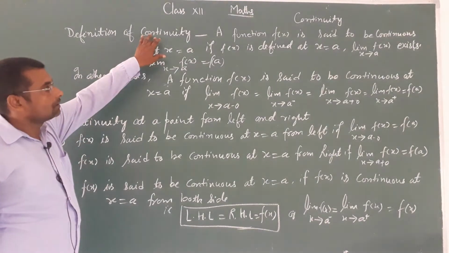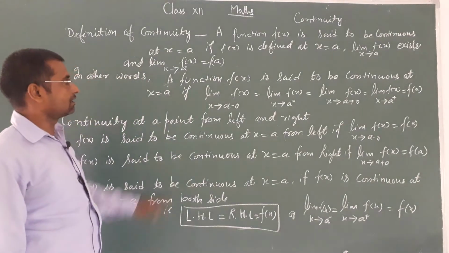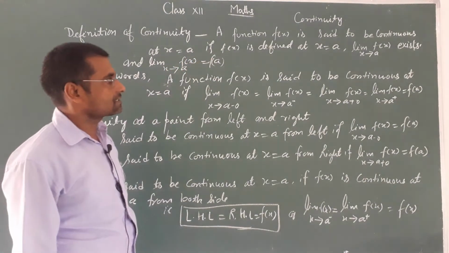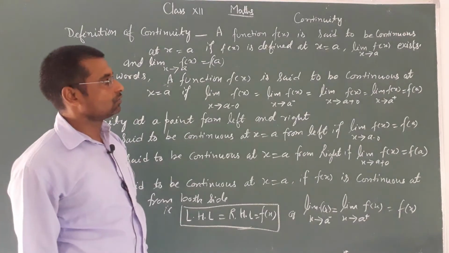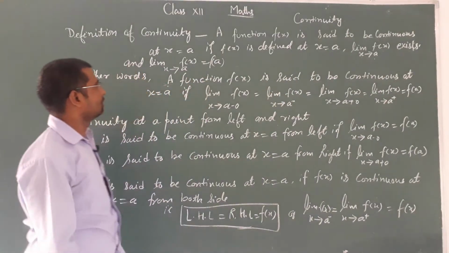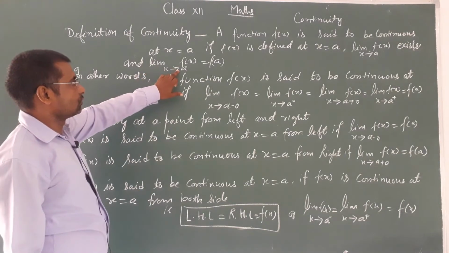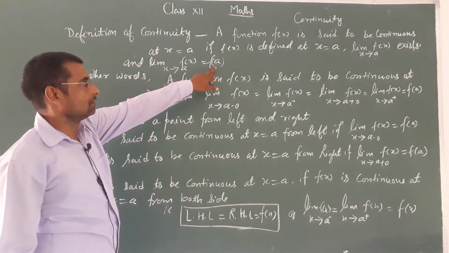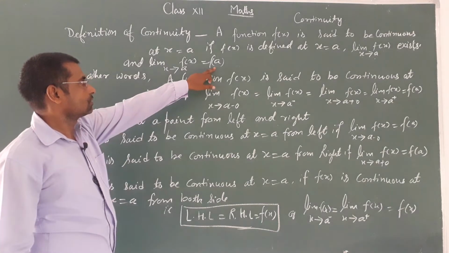Definition of continuity: a function f(x) is said to be continuous at a point x equal to a if f(x) is defined at x equal to a, the limit as x tends to a of f(x) exists, and the limit as x tends to a of f(x) is equal to the value of the given function at that point.